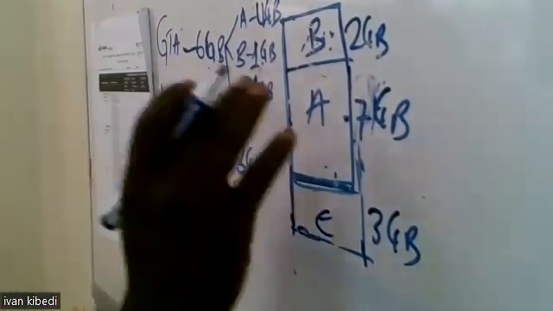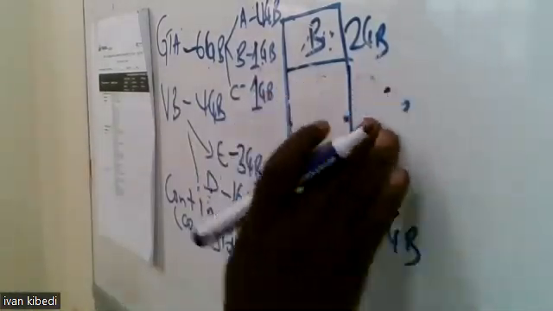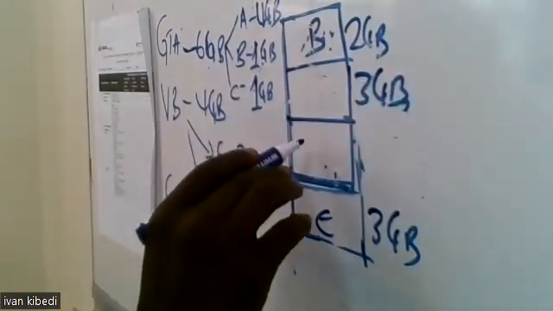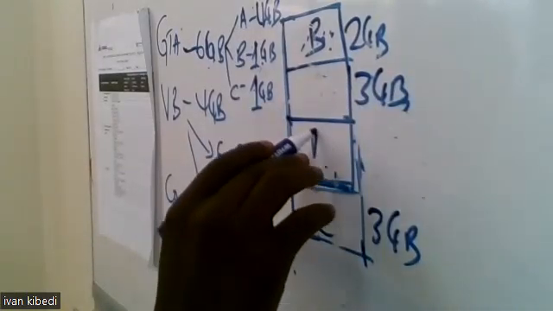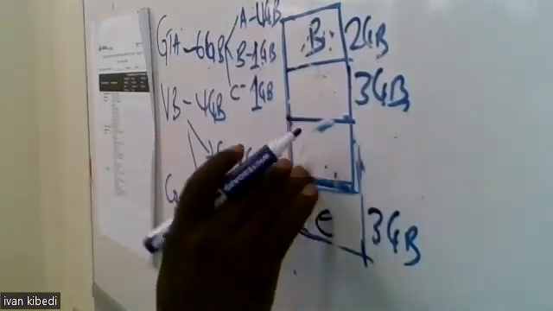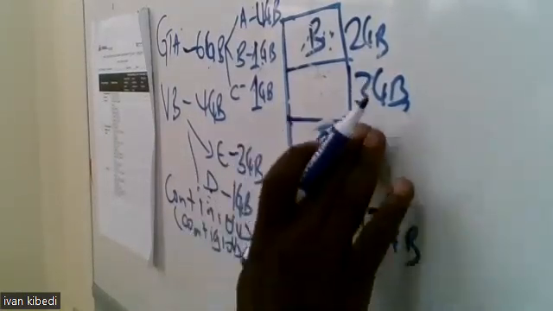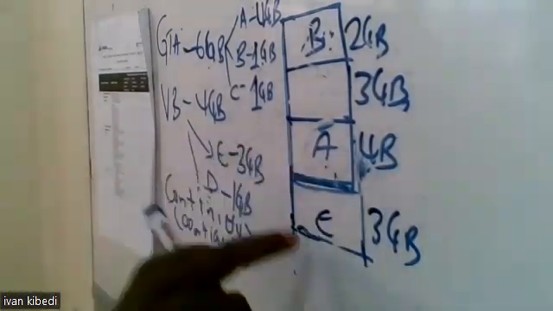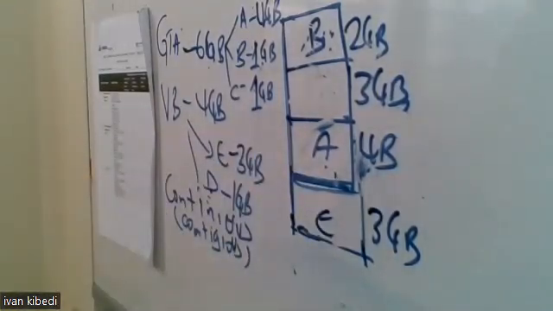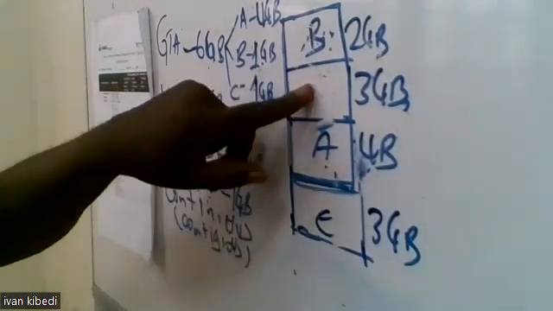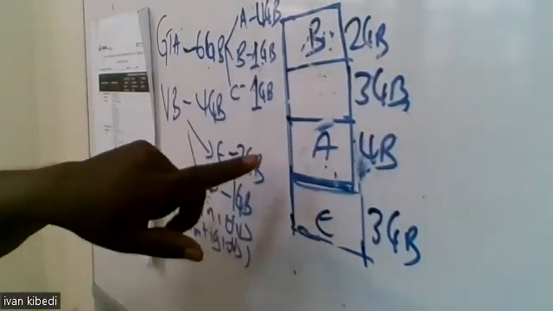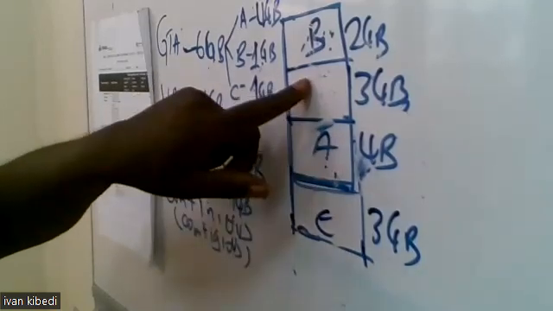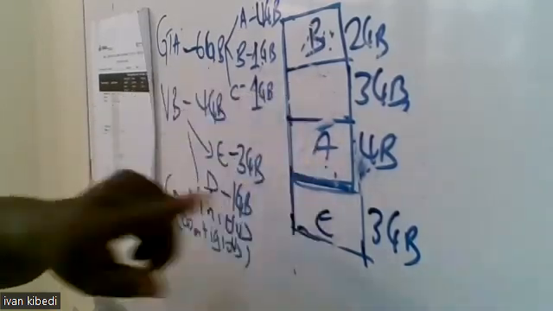Alternatively, we could do this. Our free space was 3 GB, and then here we add part B. Here we add A, which was occupying 4 GB. Alternatively, for D to be put here, the operating system could say, let me combine this free space with, let me shift this free space to come down.